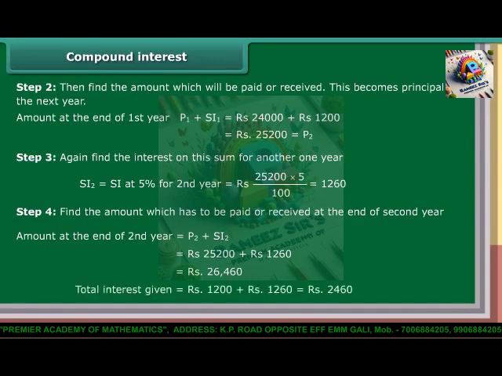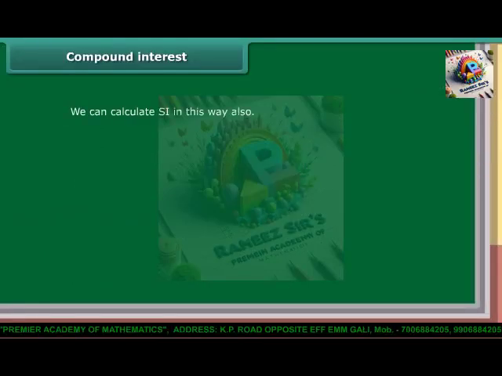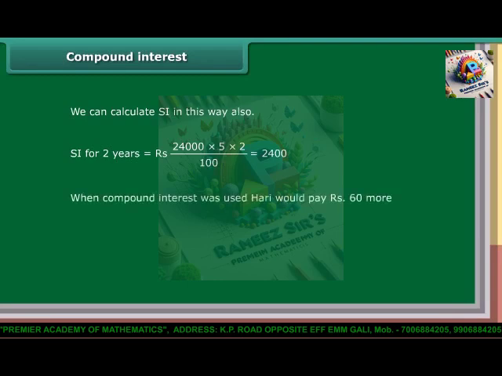Total interest given is equal to rupees 1,200 plus rupees 1,260, which is equal to rupees 2,460. We can calculate SI in this way also. SI for 2 years is equal to rupees 24,000 into 5 into 2 upon 100, which is equal to rupees 2,400. When compound interest was used, Hari would have to pay rupees 60 more.